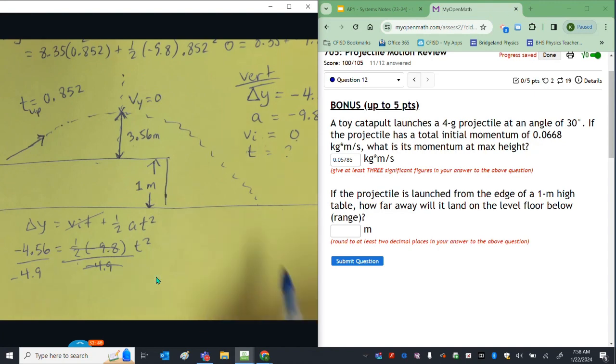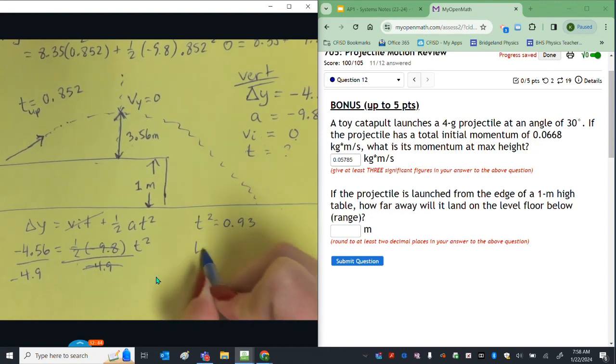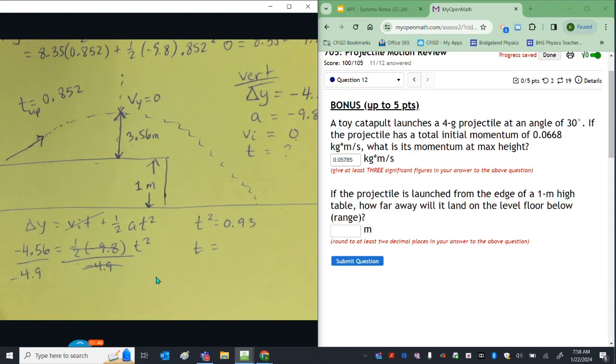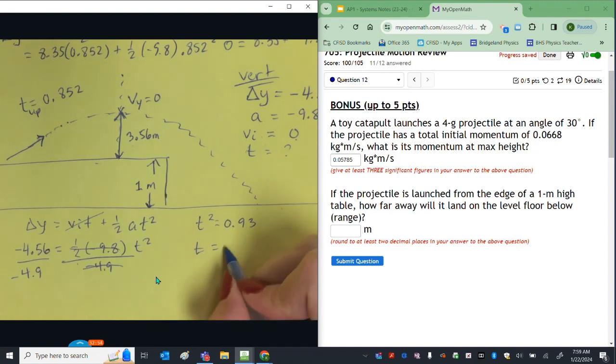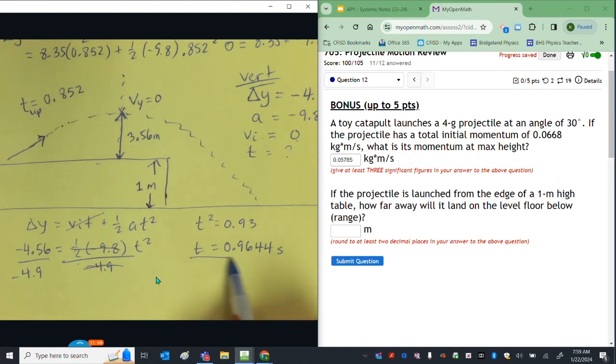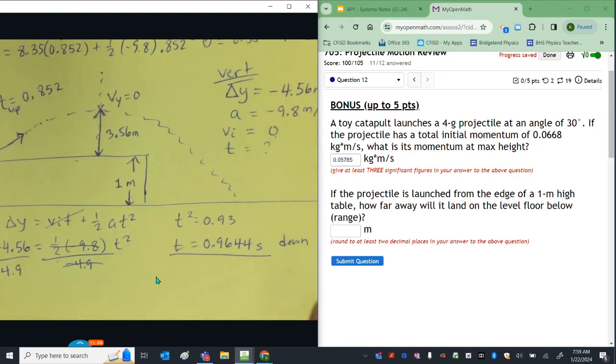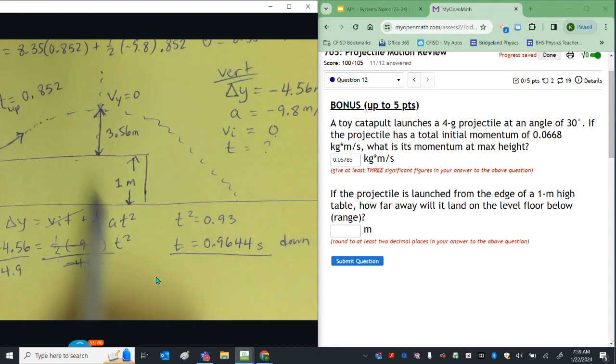So t squared is 0.93, t is 0.9644 seconds. So that's the time down. Okay, time down. So now I have time up and time down.